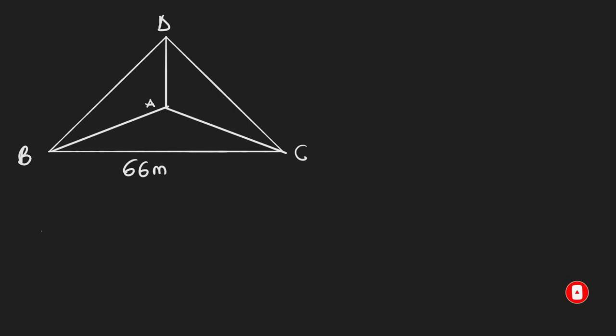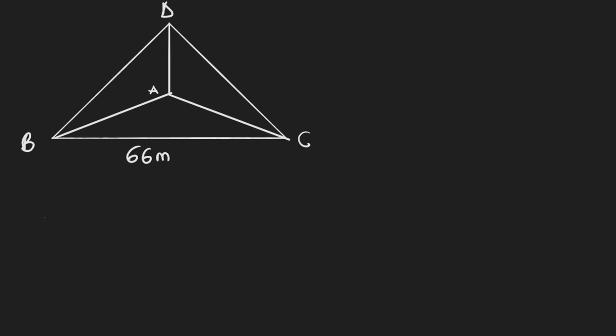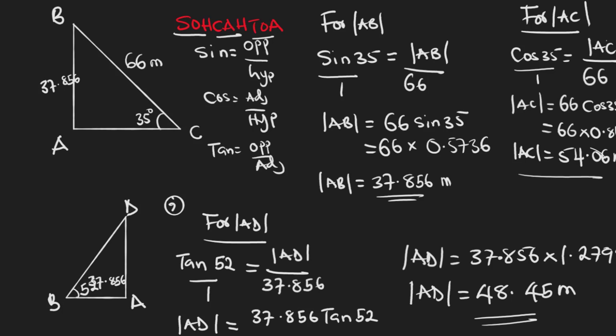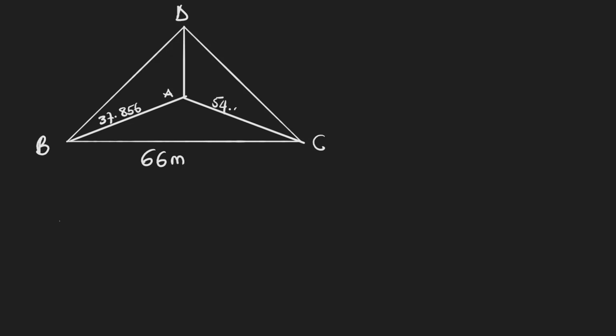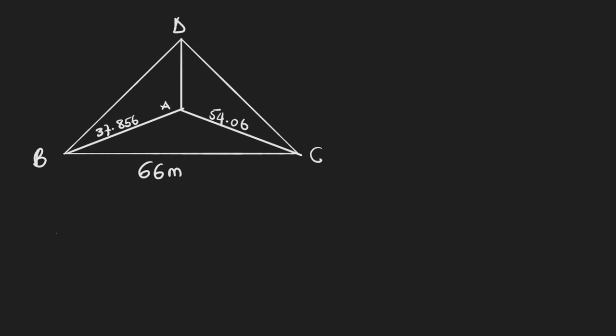We calculated AB as 37.856, AC as 54.06, and AD, that's the height of the tower, as 48.45 meters. So these are the sides we've calculated.